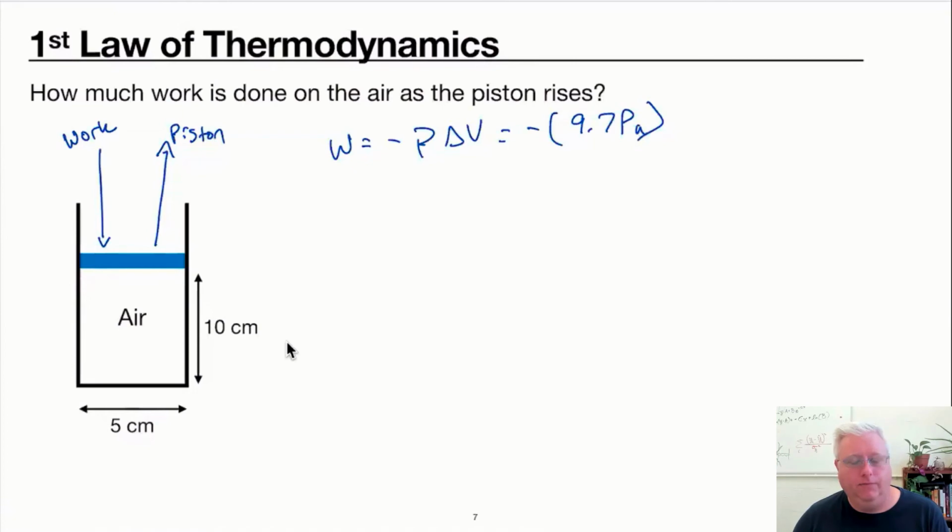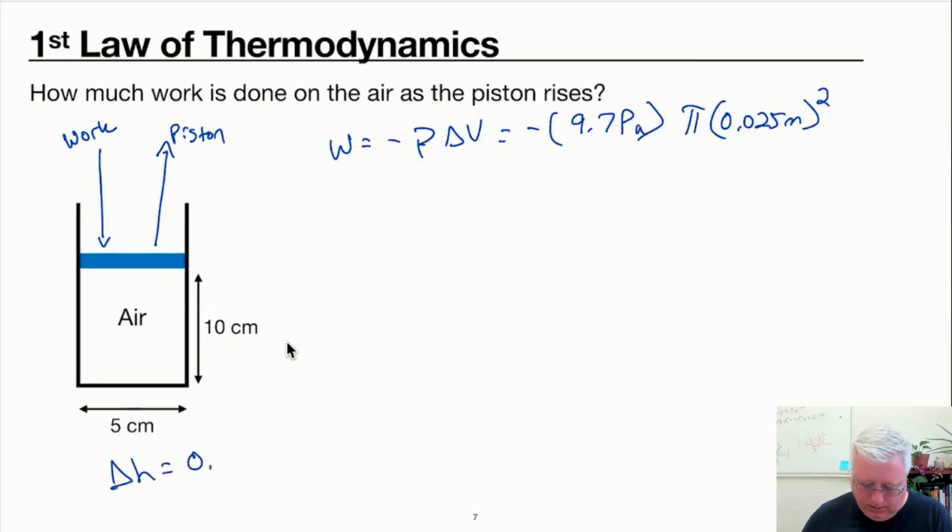Okay, so volume is area times height, so pi r squared is our area. Now our height, okay, it's how much work is done on the air as the piston rises. Okay? So that's where we're going to use our change in height from the previous question. That's what we want for our height, because we're looking at the work done while the piston rises.